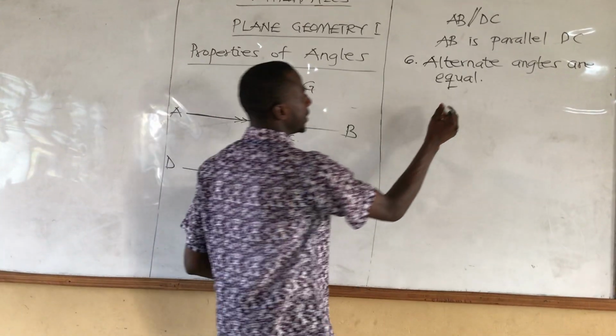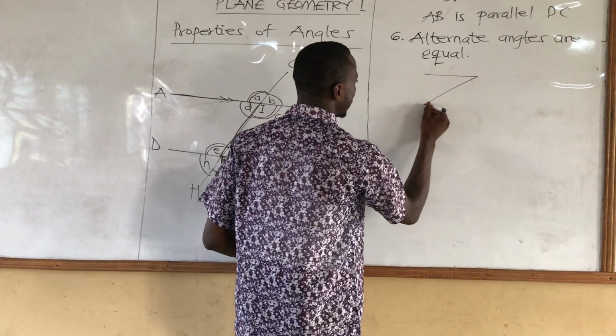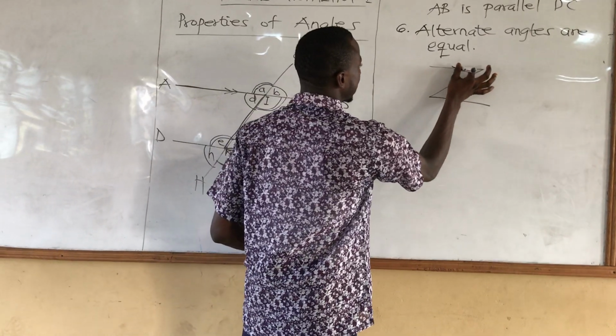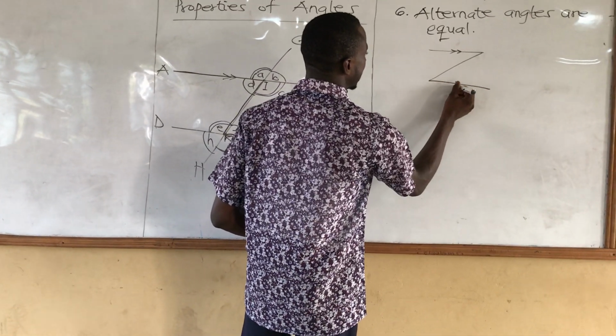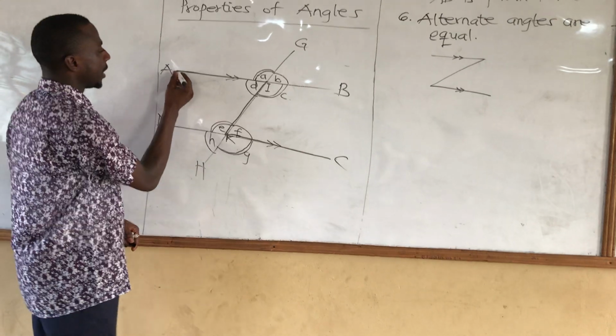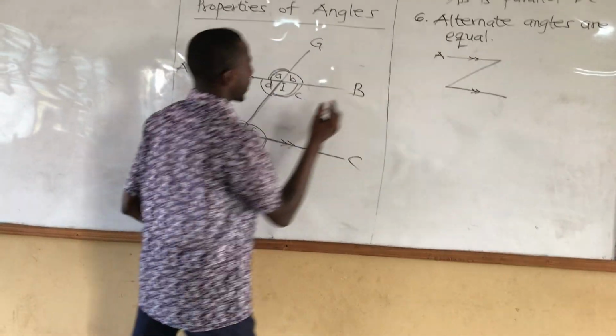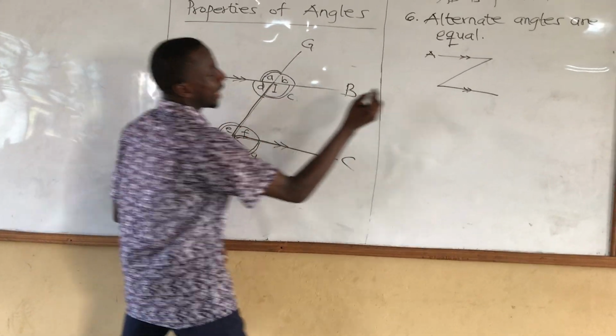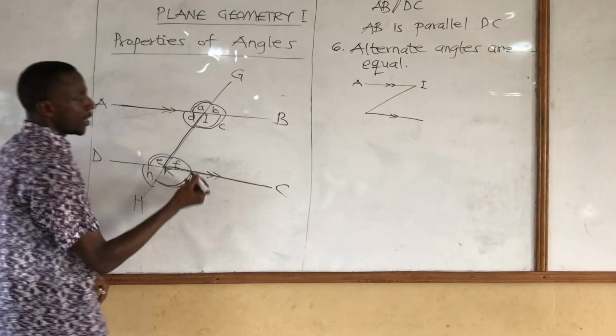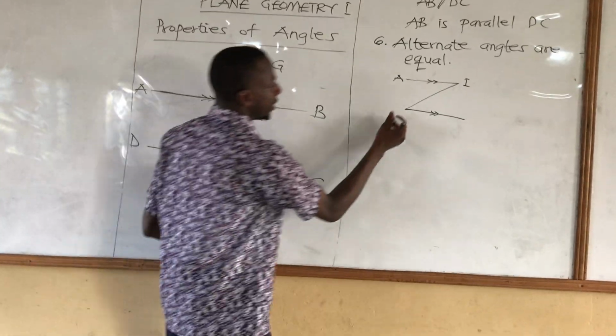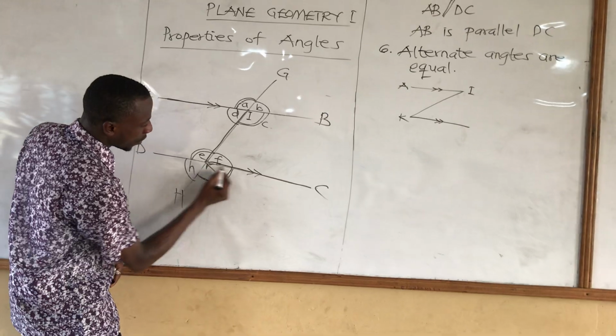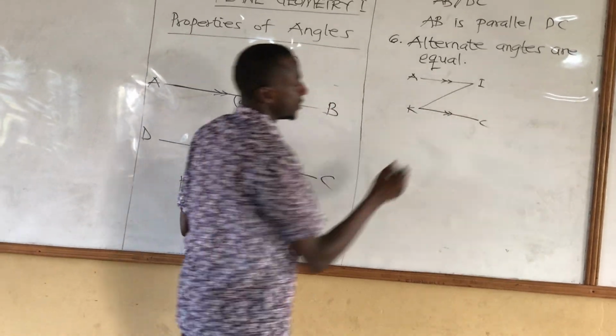Let me do a small sketch so that we can see it properly. This line here is parallel to this. So from point A to point I here, up to point K here, then we go that way to point C here.